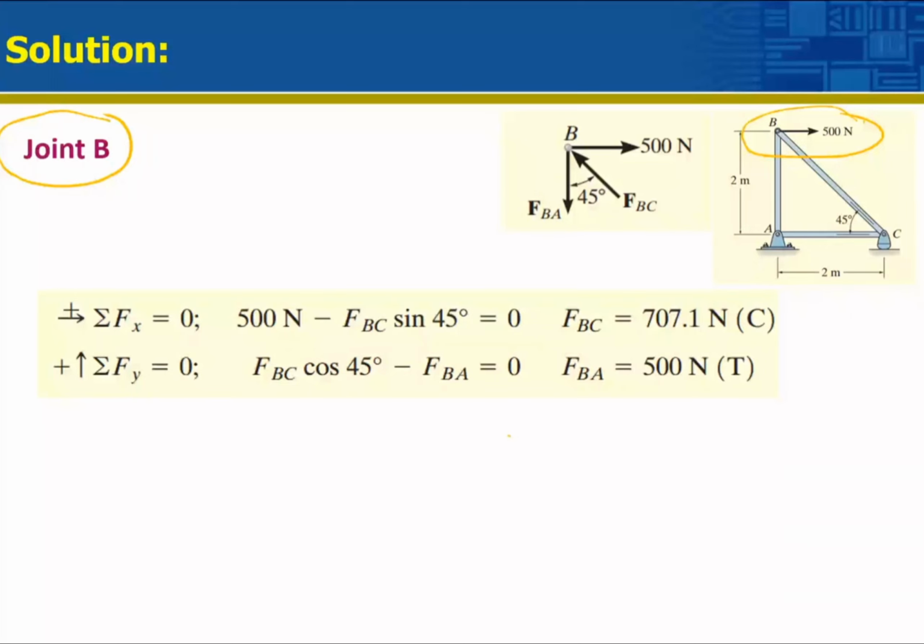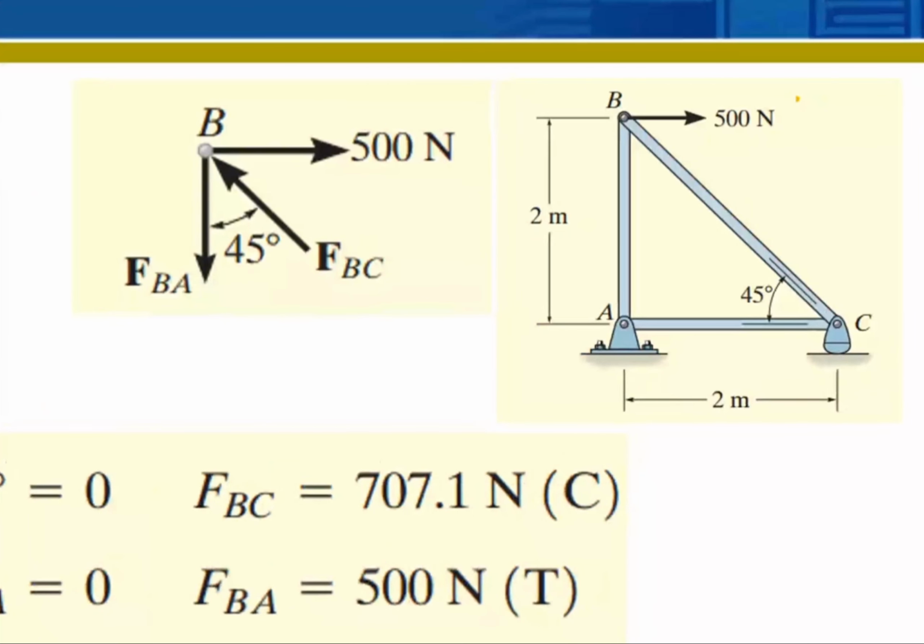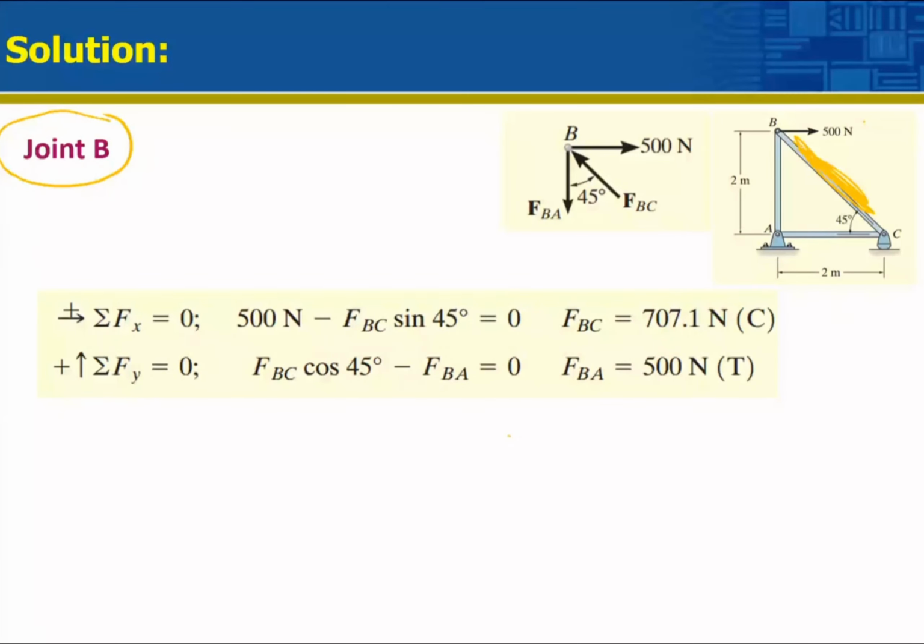We now know the force in BC. So we know the force in this member, and we now know the force in this member. Okay, now we need to know the force on this member.